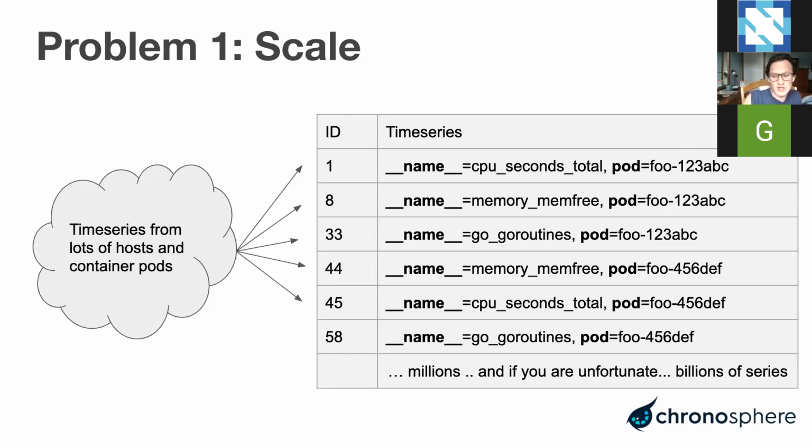So, as you can imagine, this is 3 different series for just a single pod, but across many different microservices, across many different regions, et cetera, you can imagine how that easily can explode to millions and even billions of series that are comprising the metrics that you ultimately care about.